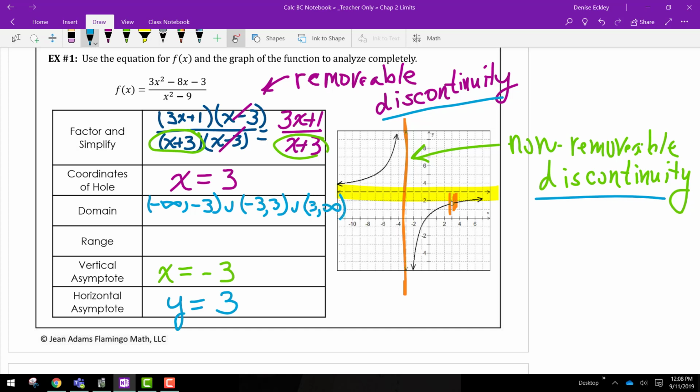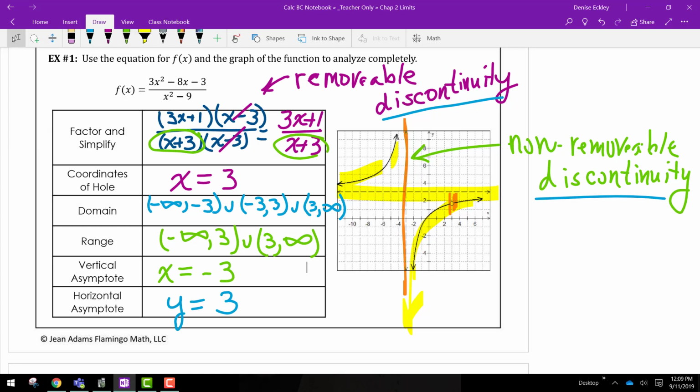And our range, if you notice that the curve has lots of positive values and negative values that continue, but the one value it doesn't touch is at y equals 3, because that is our horizontal asymptote. So our range is going to be from -infinity to 3, and then from 3 to infinity. That's the only y value that's excluded.